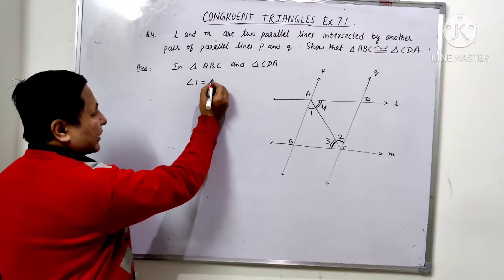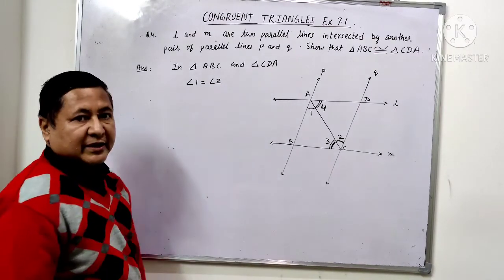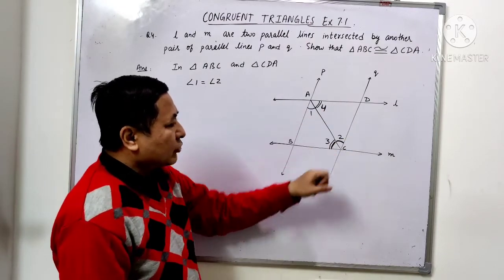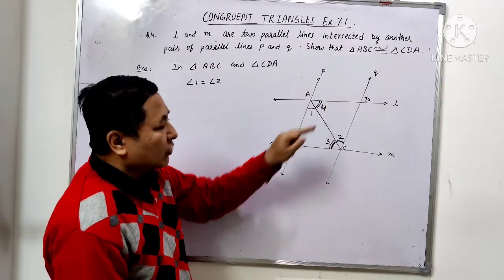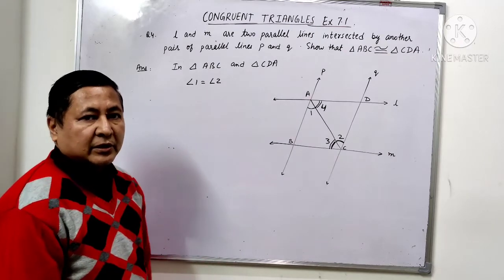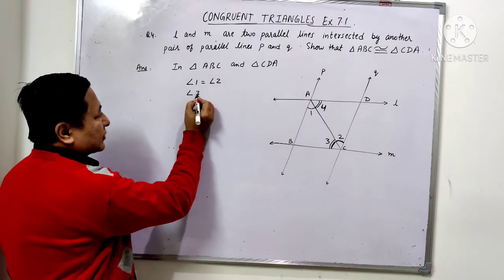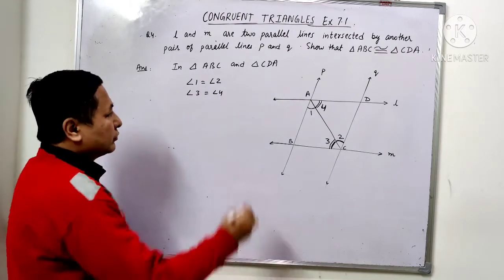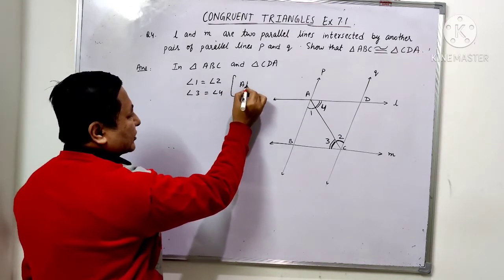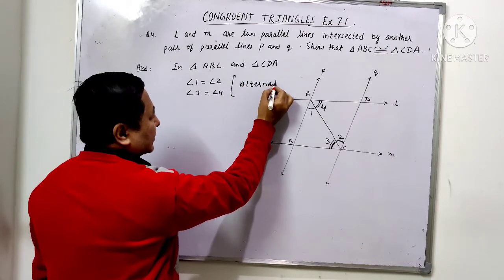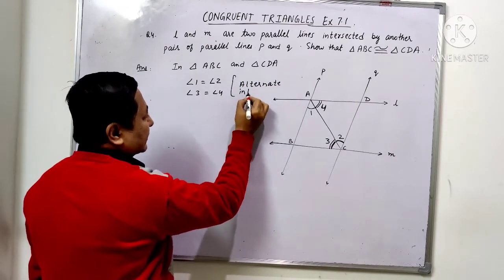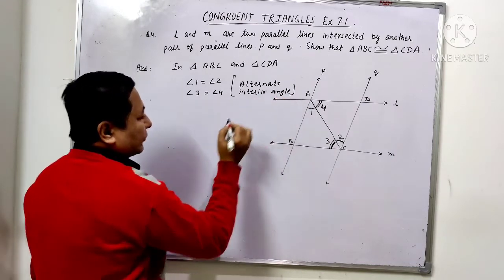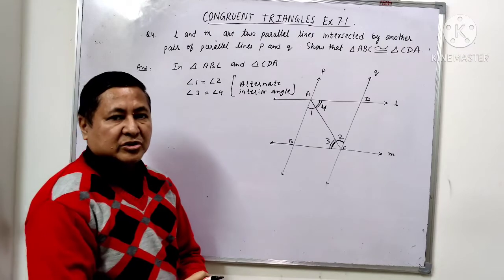So angle 1 is equal to angle 2, alternate interior angles. Similarly, lines L and M are also parallel, so angle 3 and angle 4 are also equal, again alternate interior angles. And we have one side which is common in both.